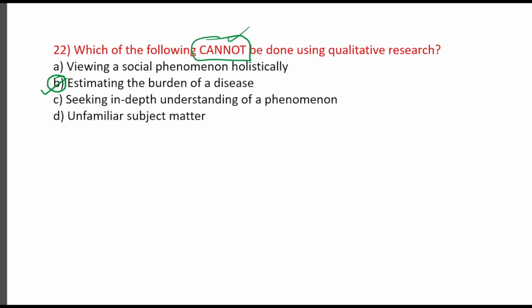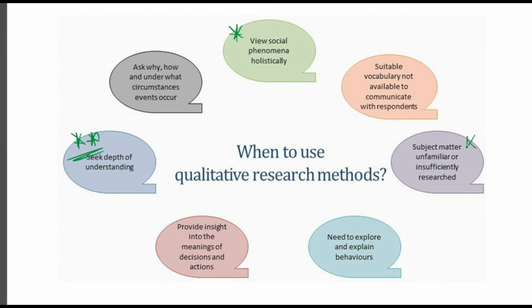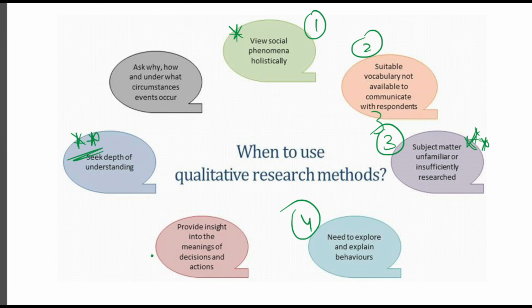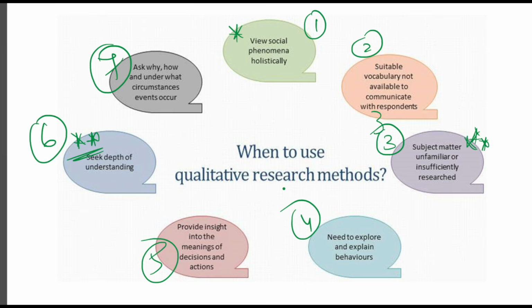Then the last option, unfamiliar subject matter, is mentioned over here. So therefore, as I told you, when are you supposed to use the qualitative research methods? I told you all the 7 scenarios: 1, 2, 3, 4, 5, 6, 7. All these 7 situations have to be kept in mind.